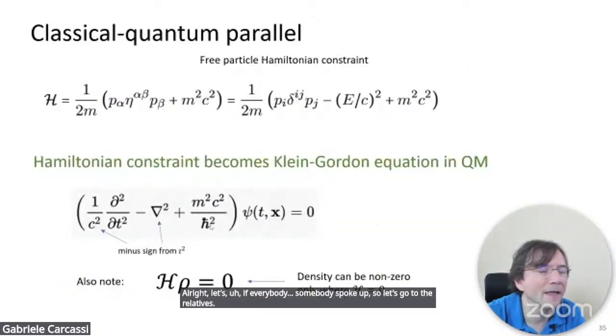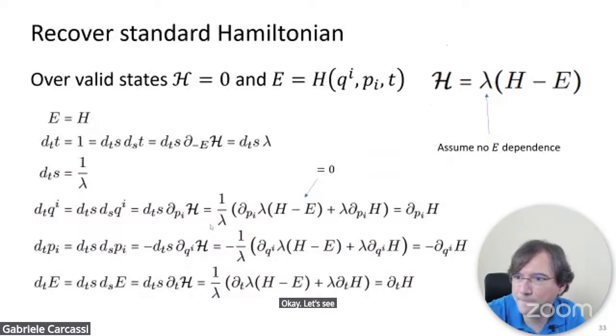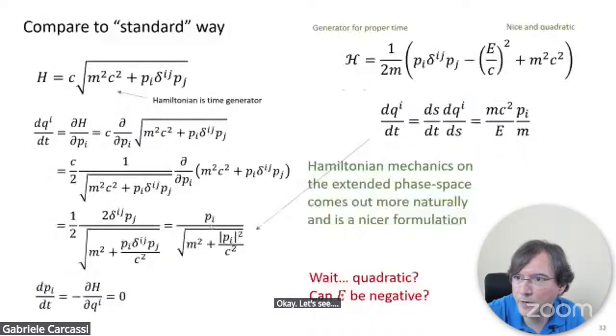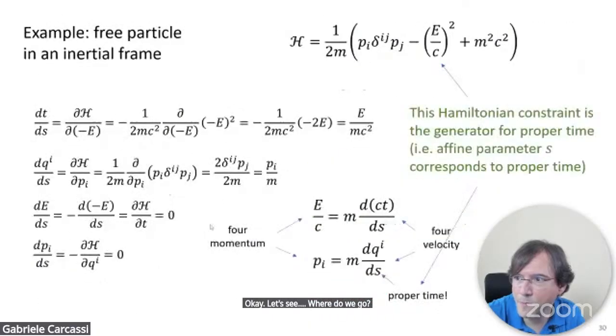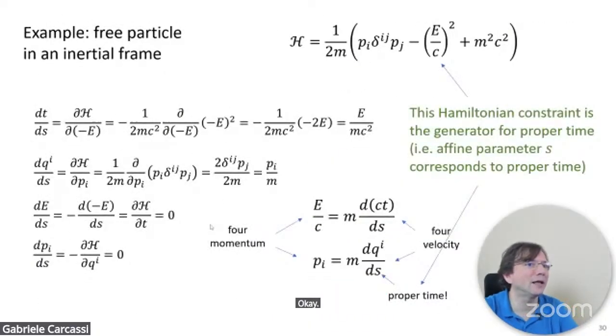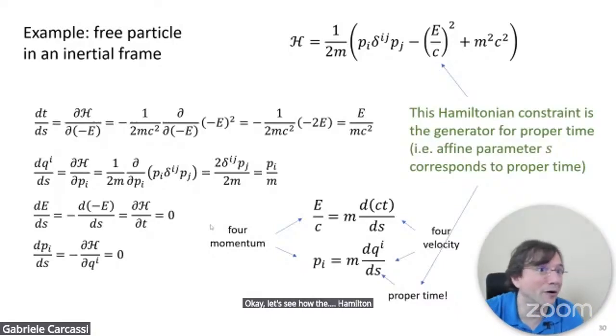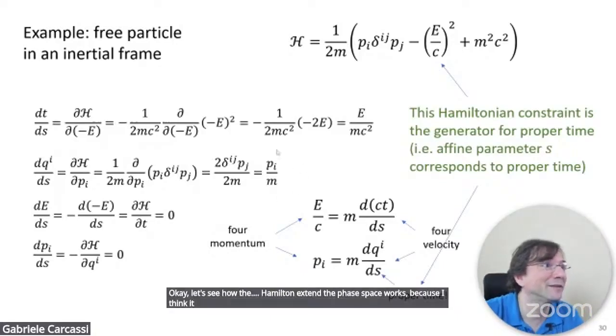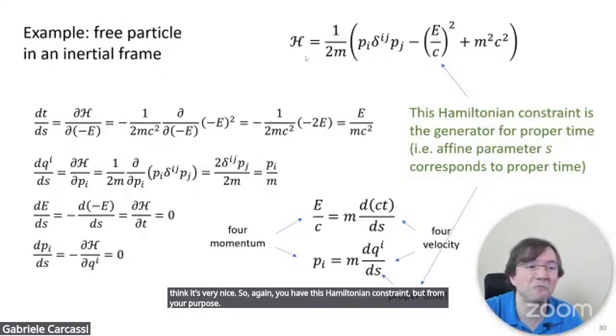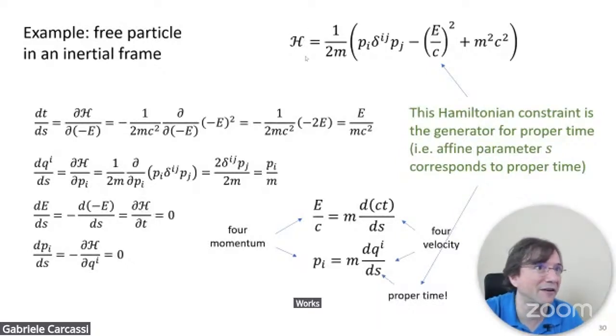Okay, let's see, where do we go? Let's see how the Hamiltonian extended phase space works, because I think it's very nice. Again, you have this Hamiltonian constraint that for our purpose works like a standard Hamiltonian. It's just that one of the variables is time.